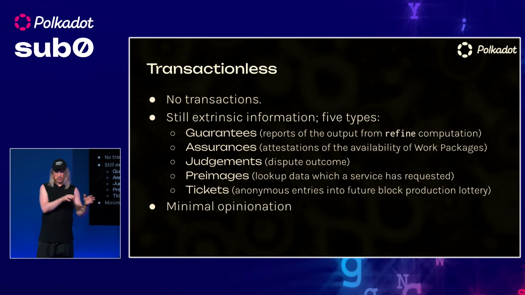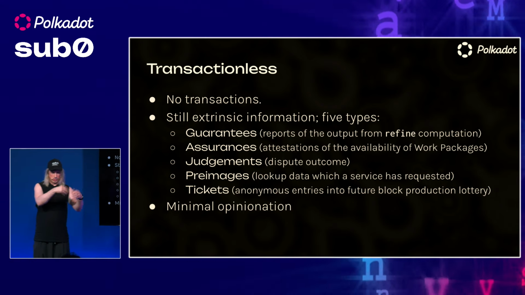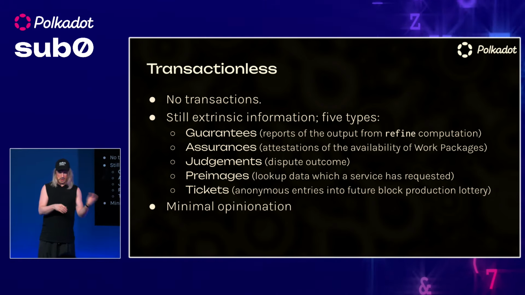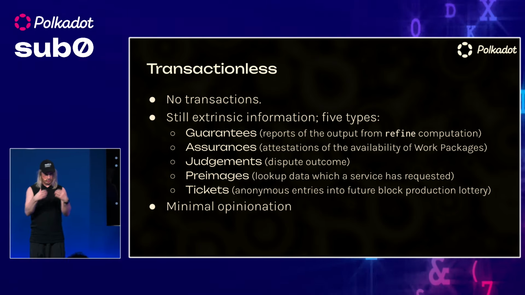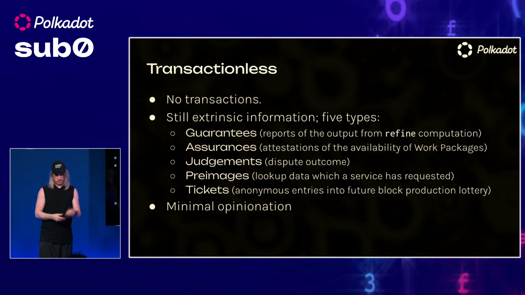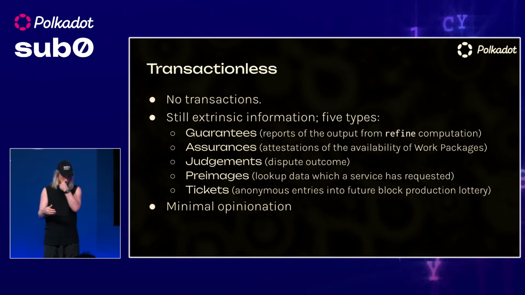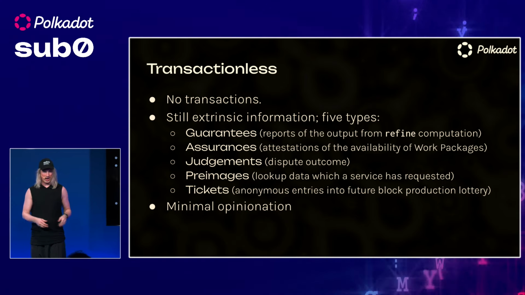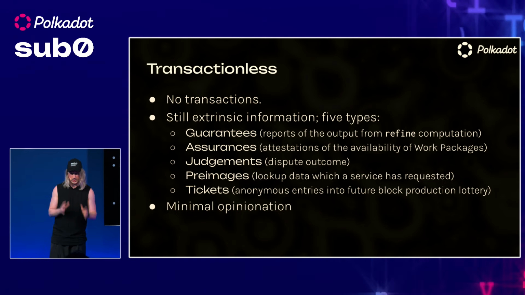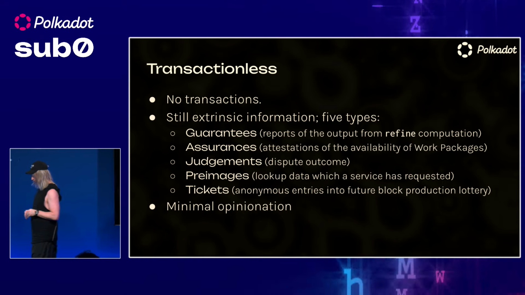So the service pre-refines all of the input, and that input is transformed into these work reports, these sets of work results. And then those work results make their way onto the chain. So there's no transactions. Very important.